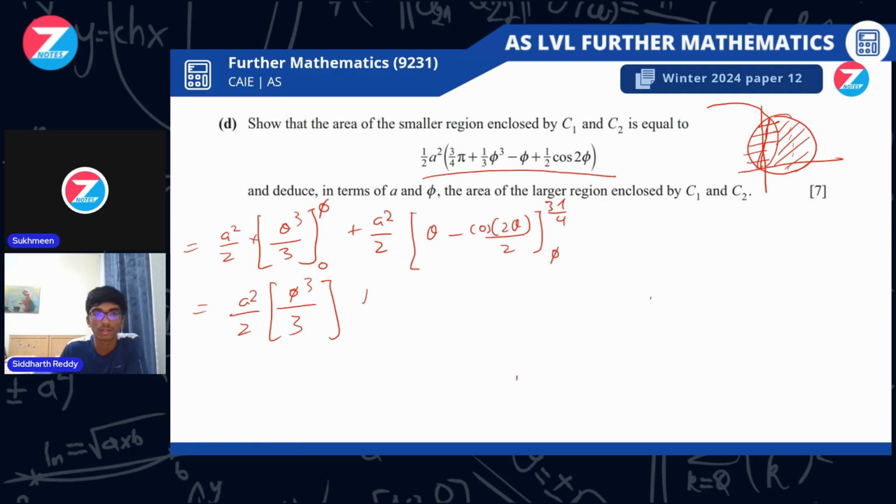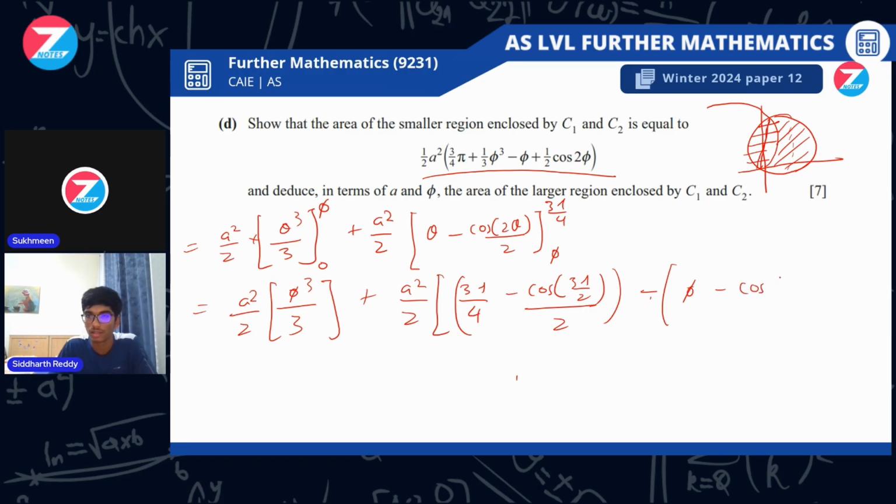And plus a square by 2 into, substituting 3 pi by 4 for theta, minus cos of 2 into 3 pi by 4, that's 3 pi by 2, by 2, minus 5 minus cos of 2 phi by 2.